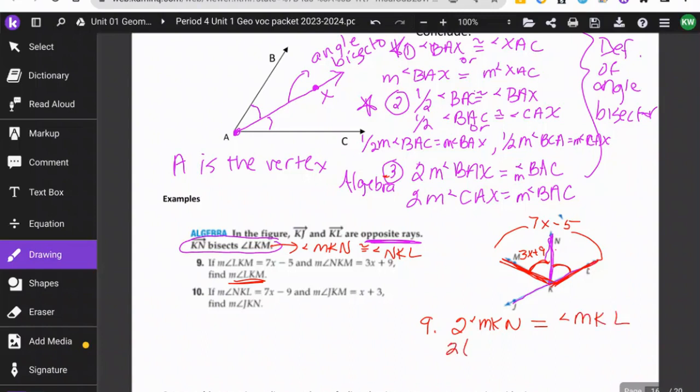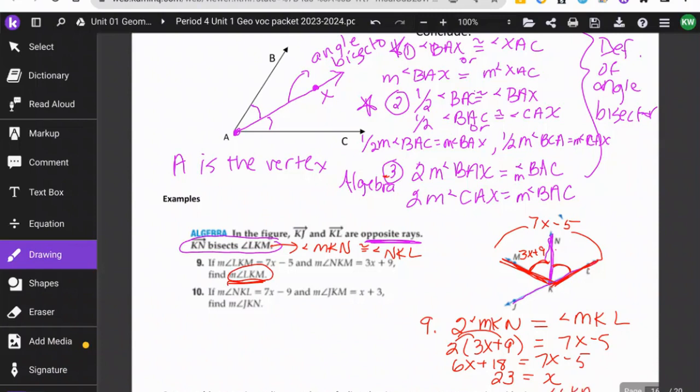So if I double 3x plus 9, it will equal 7x minus 5. Or if you filled in 3x plus 9 in the other angle and added them together, you would get the same thing. Distribute, using your Algebra 1 now: 6x plus 18 equals 7x minus 5. Bring the 6x over, that gives you x. Add the 5 over, you get 23. So x equals 23.